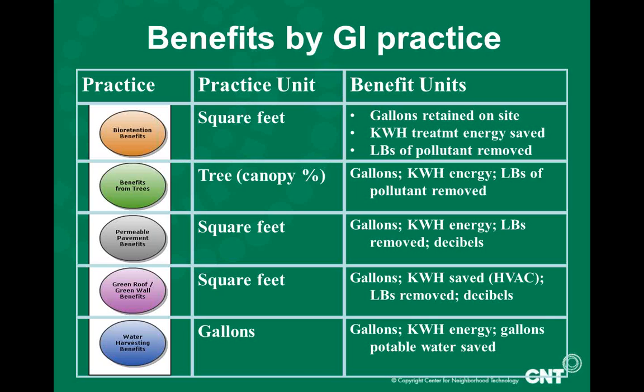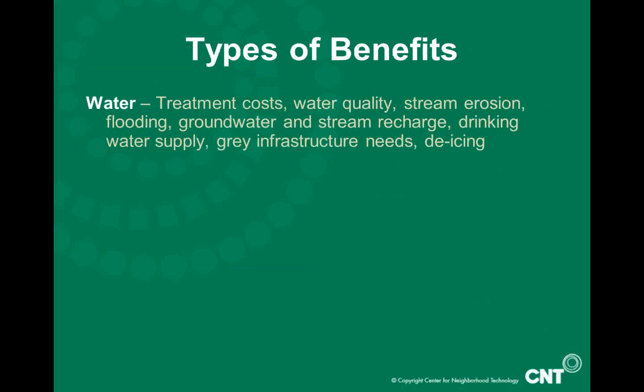And on the right-hand side, you begin to see sort of the names and the ideas about what are the benefits to putting in the green infrastructure. And so it can involve energy in terms of both kilowatt hours and BTUs, or pounds of pollutant removed, or gallons removed. Water quality is a benefit too.